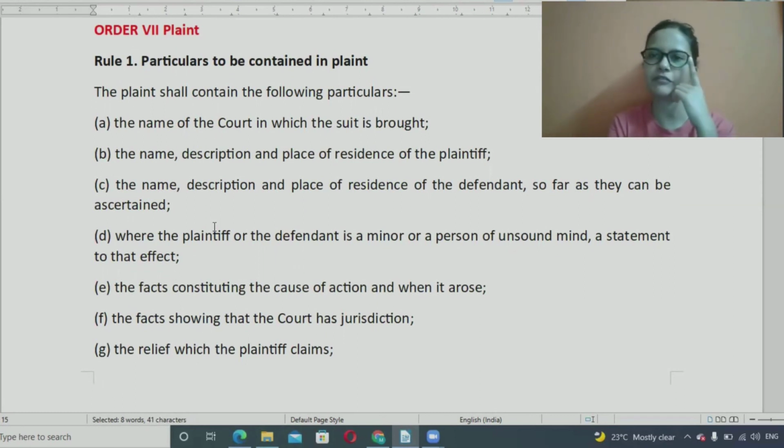Usually in case of theft, we see the party's name will be there versus unidentified, as in we don't know who committed the crime. In civil suits also, it may be that a person from some company or agency just entered our house, it's a trespass, but we don't know who that person is. Maybe we simply know that person's name. Whatever details may be ascertained, we would provide for the defendant as well.